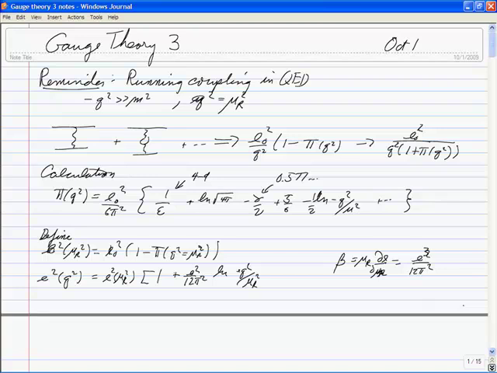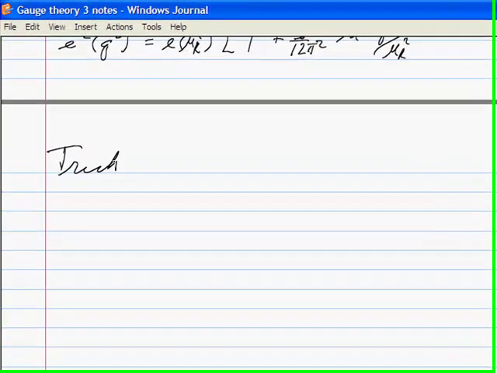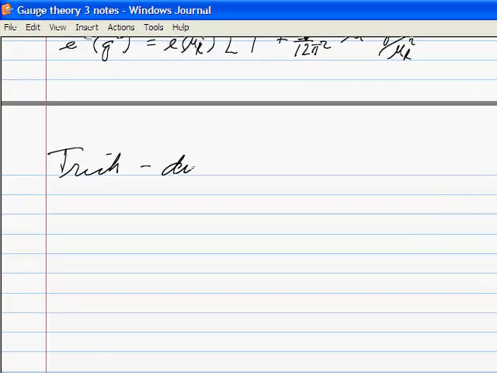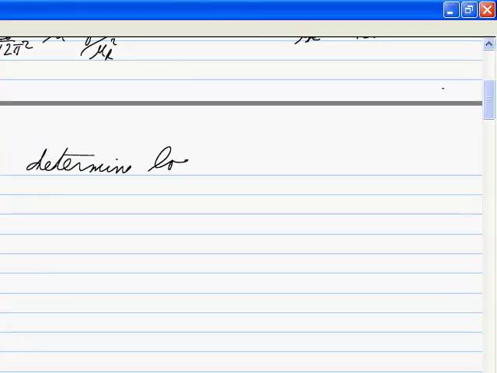So when we do the same thing, what I'd like to point out is that the logs here and the epsilon always tie together. This is a trick in dimensional regularization that makes life very easy. So the divergences determine the logs. Okay.